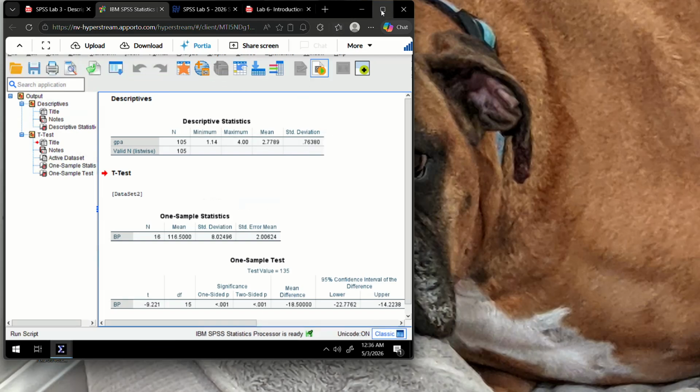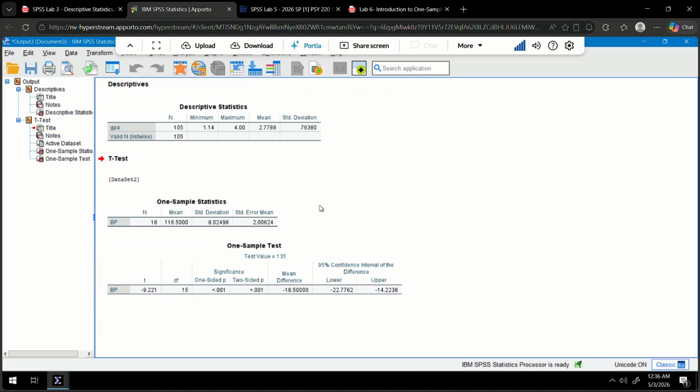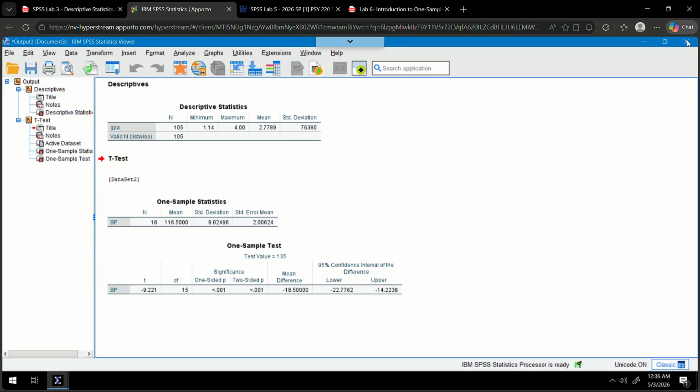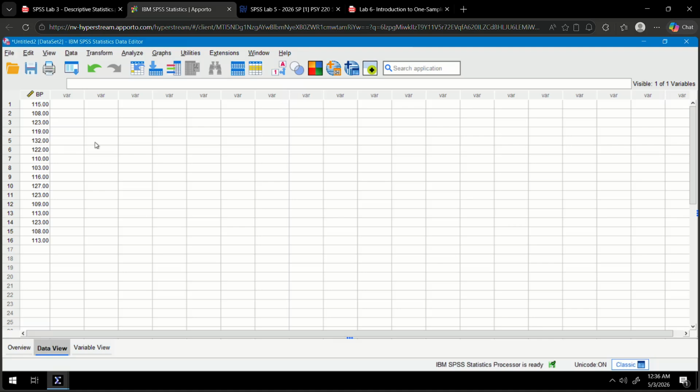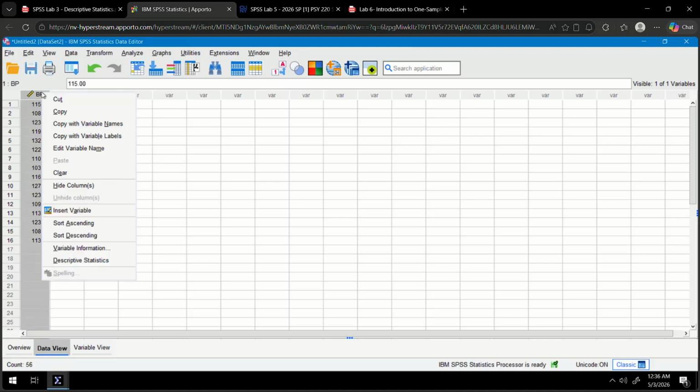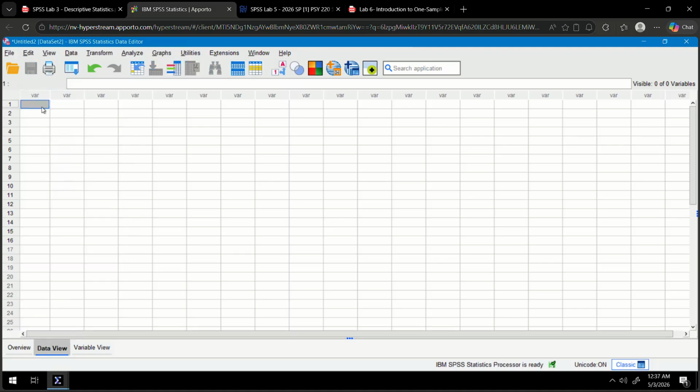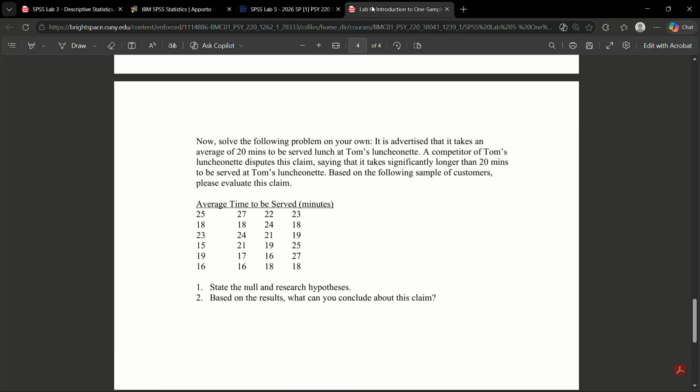Let me close this out, get rid of this for now, and clear this out here. We're going to put the new values in here, and you can't really copy and paste it, so I'm just going to have to copy it.